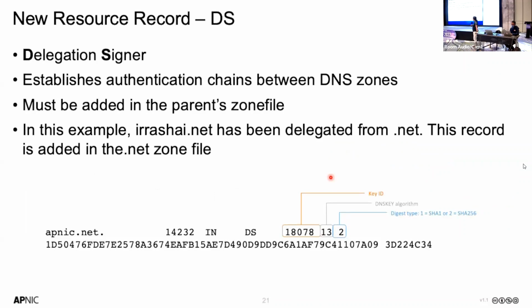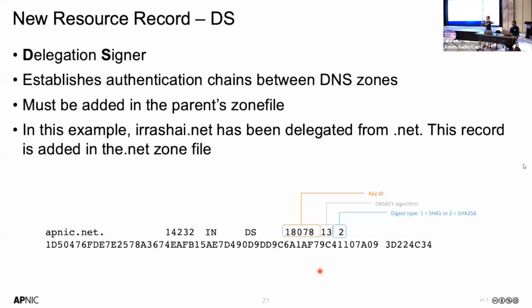So what is a DS record? It's a delegation, right? It shows that from the parent zone, the child zone has been delegated to another admin, and we add the public key of the child zone, in this format, into the hash format basically, and then add it into the parent zone.